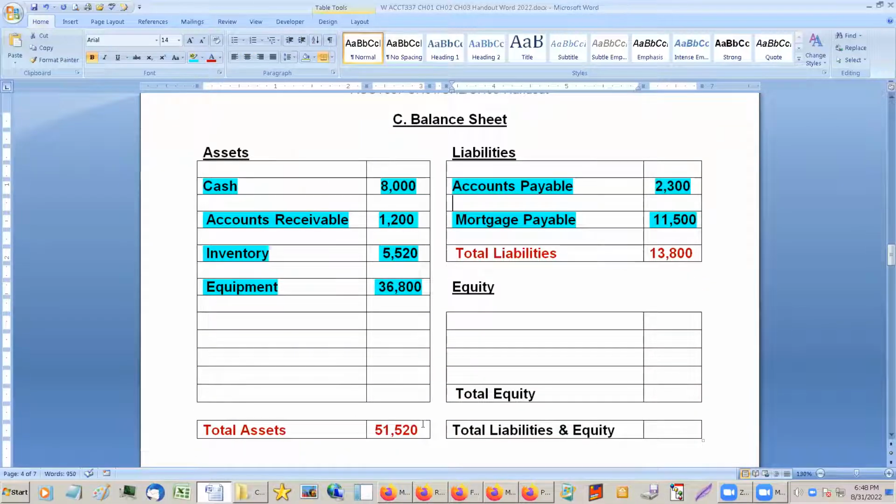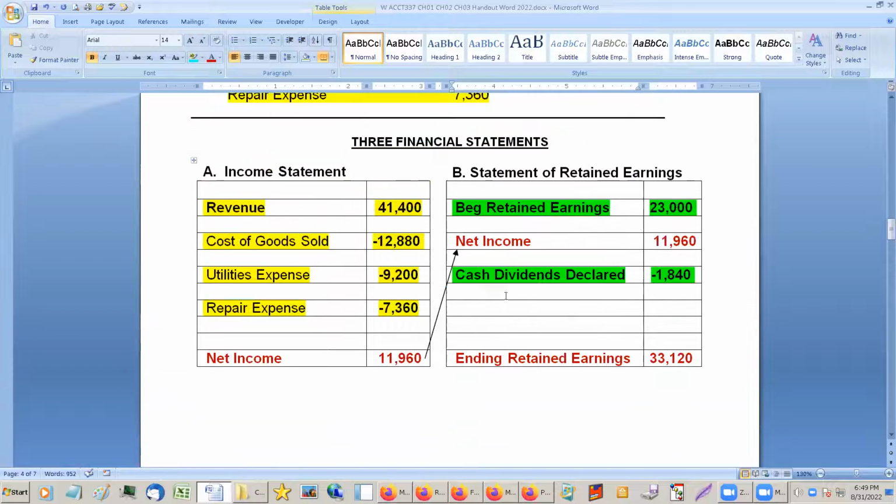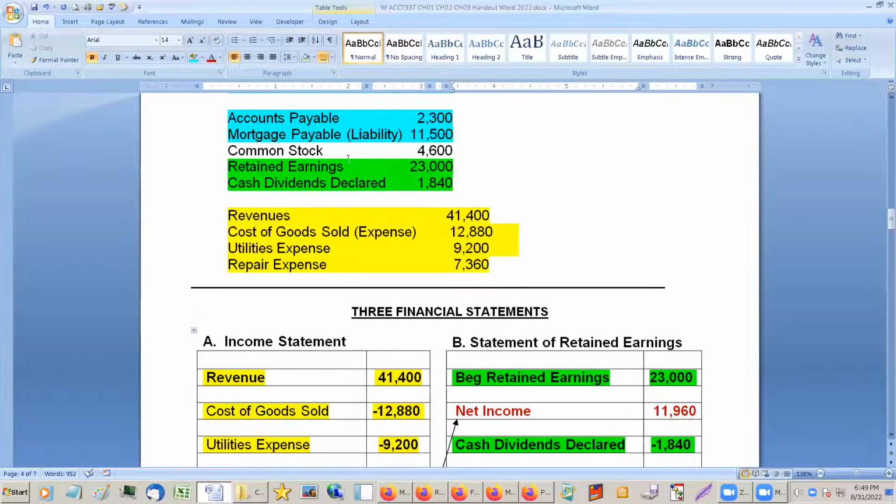Okay, so the 51,520, we borrowed 13,800. Truthfully, right now, we could figure out what the equity would be if we just subtract the 13,800 from that, but let's go ahead and put the common stock in. $4,600.